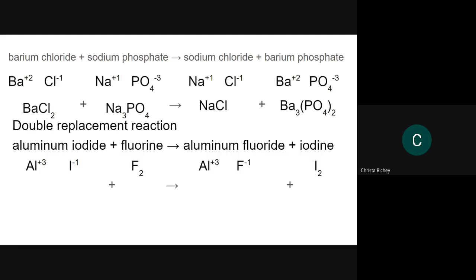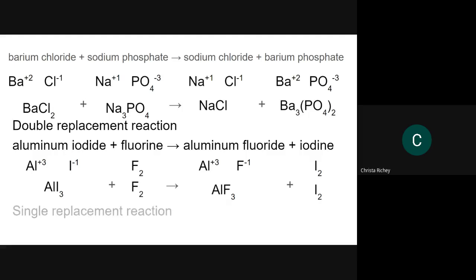Now you just have to crisscross charges. These are all ionic, aren't they? They didn't put any covalent on here. Crisscross, that is capital A, lowercase l, capital I3. Don't have to do anything to fluorine. You're going to crisscross the 3 down to the fluorine for aluminum fluoride. Then we have iodine.